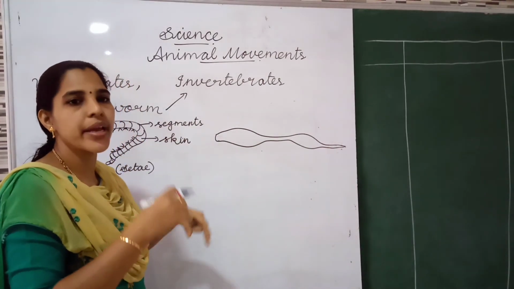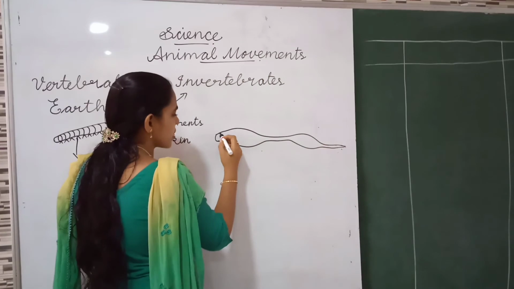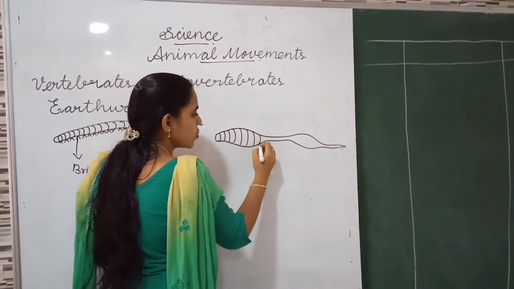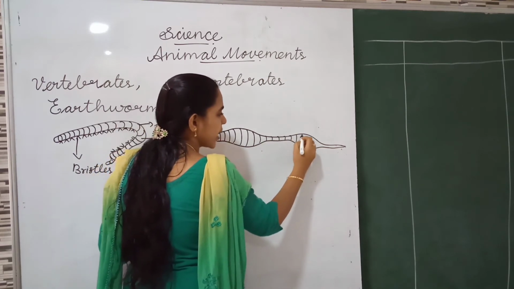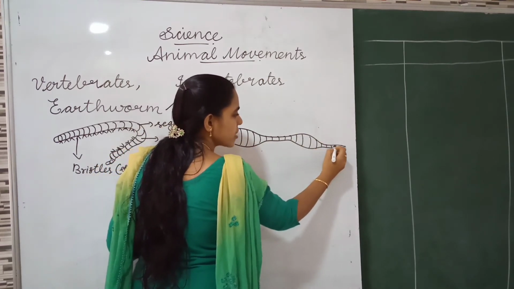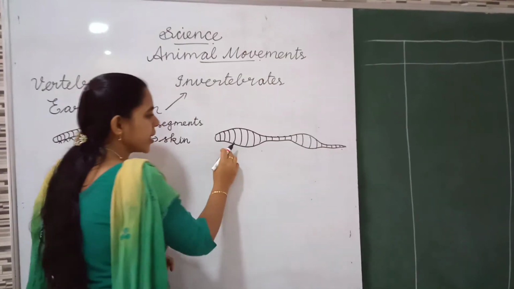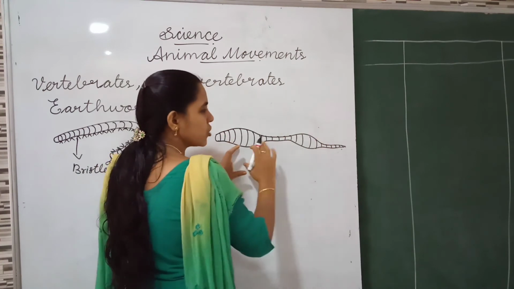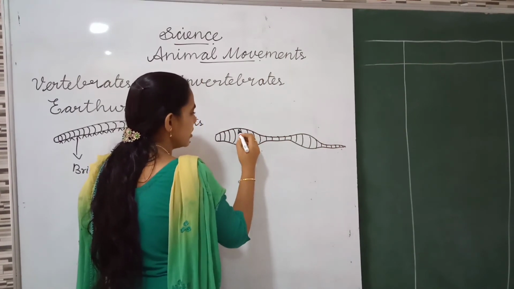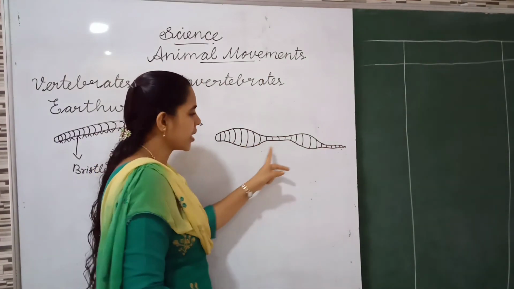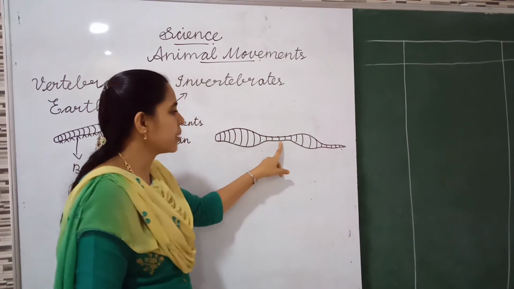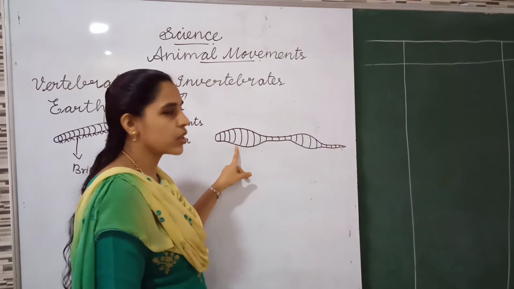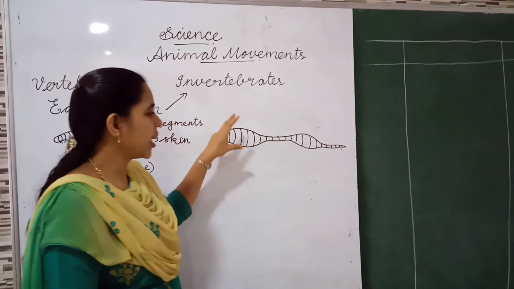The segments will be in contraction and relaxation. It has two types of muscles. One is circular muscles, where the body shape will be changed. Another one is lengthened muscles. When the lengthened muscles work, the body becomes longer and thinner. When the circular muscles work, the body becomes thicker and fatter.